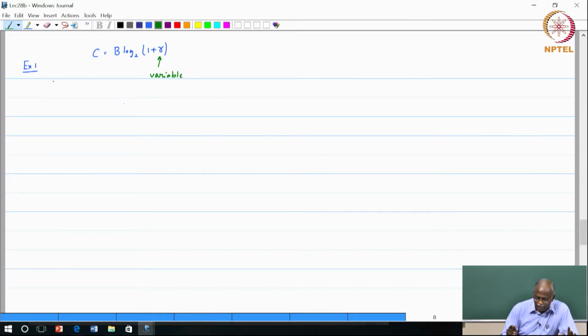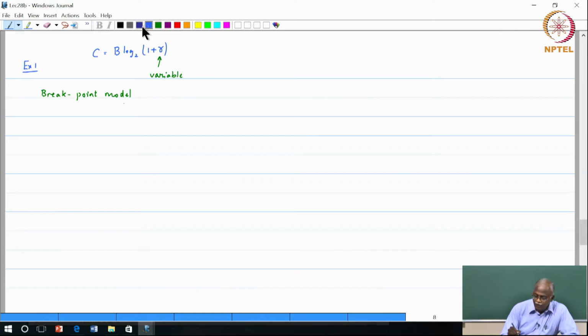So, here is an example to illustrate what we are saying, and hopefully this is just a refresher of something that you would have done. So, we are going to use a model called the breakpoint model. A breakpoint model is one that is used to estimate the received signal power at a certain distance from the transmitter.